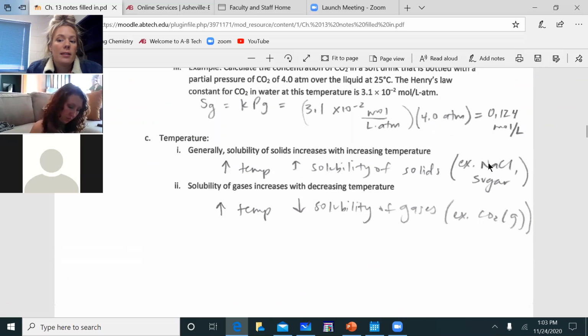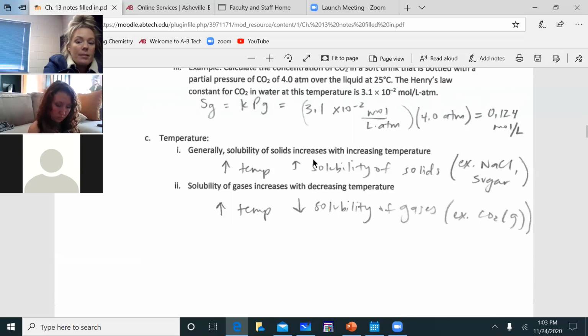An example of a solid could be salt, or maybe you'd be more comfortable with sugar. It's much easier to dissolve sugar in warm tea than cold tea, right? If you're making a simple syrup for lemonade, you heat the water up to dissolve the sugar. So higher temp, higher solubility for our solids.